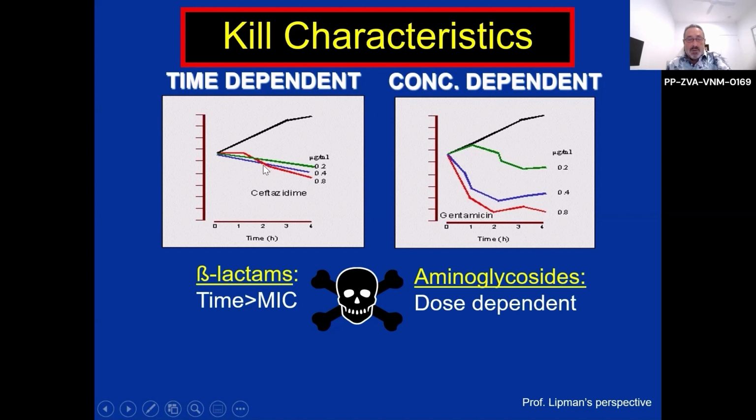However, the beta-lactams particularly don't react like this. If that's colony-forming units, and that's the control arm, and you add a certain concentration of the beta-lactams, there'll be a slow, continuous kill. If you increase the concentrations, there'll be very little increased kill. So those are the time-dependent, or non-concentration-dependent, kill characteristics of the beta-lactams.